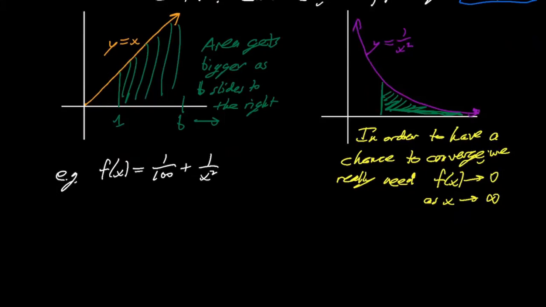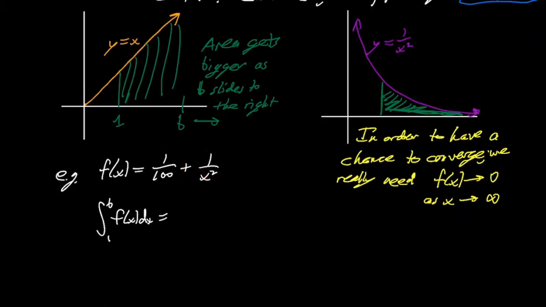But think about what happens when you integrate this, right? If you integrate from 1 to b, well, the 1 over 100, we're anti-differentiating this function. So the 1 over 100 becomes 1 over 100x. And we saw this becomes minus 1 over x.